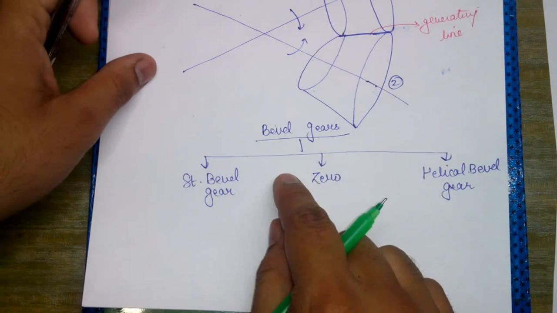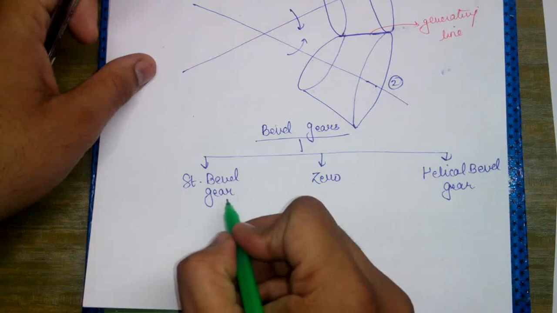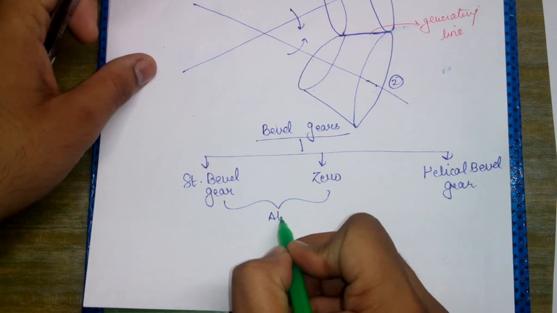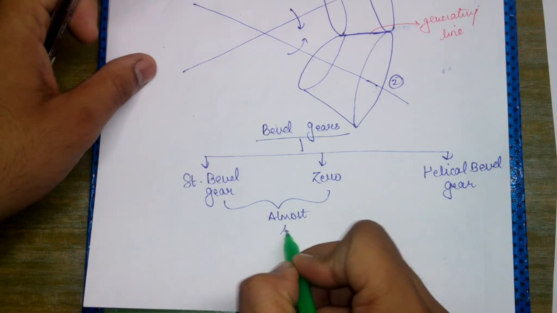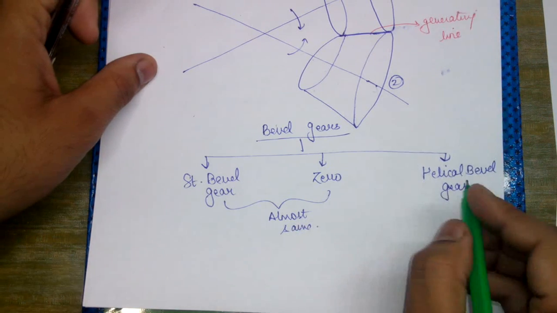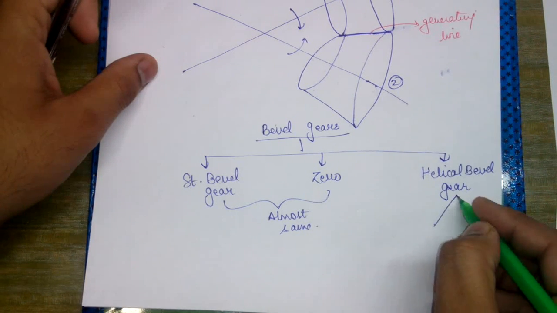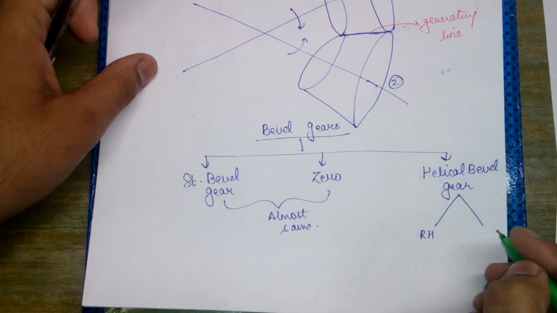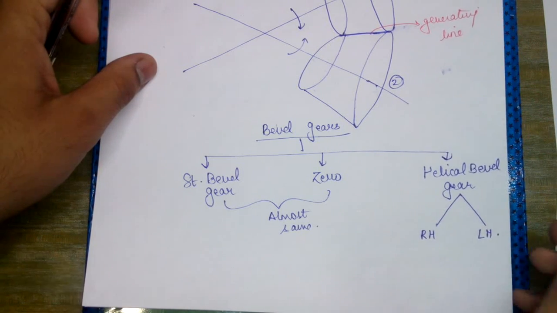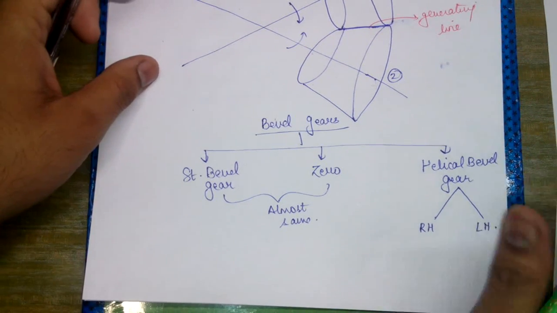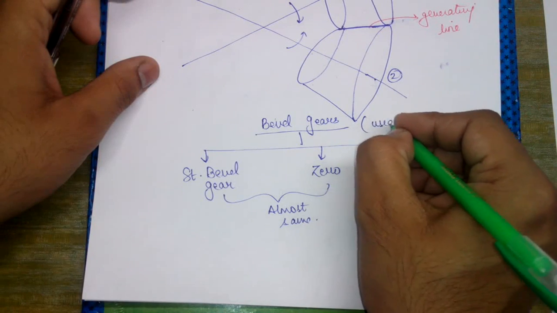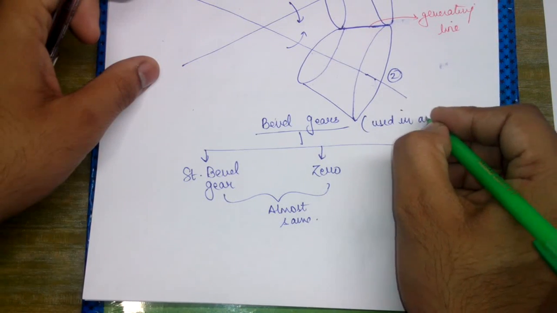So the straight bevel gear and the zero bevel gear are almost the same. Whereas helical bevel gear, we again have two parts, that is the right hand helical and the left hand helical gear. Okay, so these bevel gears are actually used in automobiles.